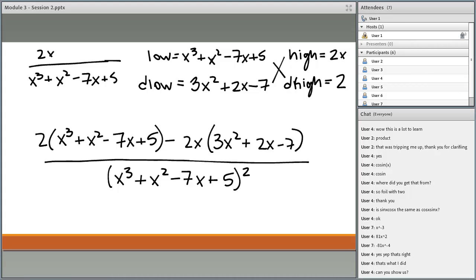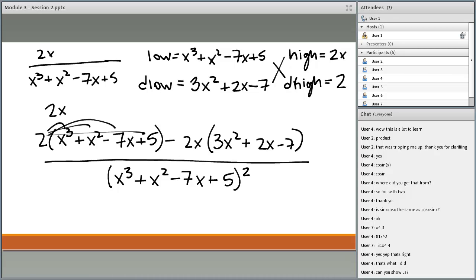And simplifying this numerator is actually not nearly as complex as it was when we had to use the product rule. So we could simplify this, and we could have simplified the other. It would have just been pretty significant algebra. But in this case, we can fairly quickly distribute.